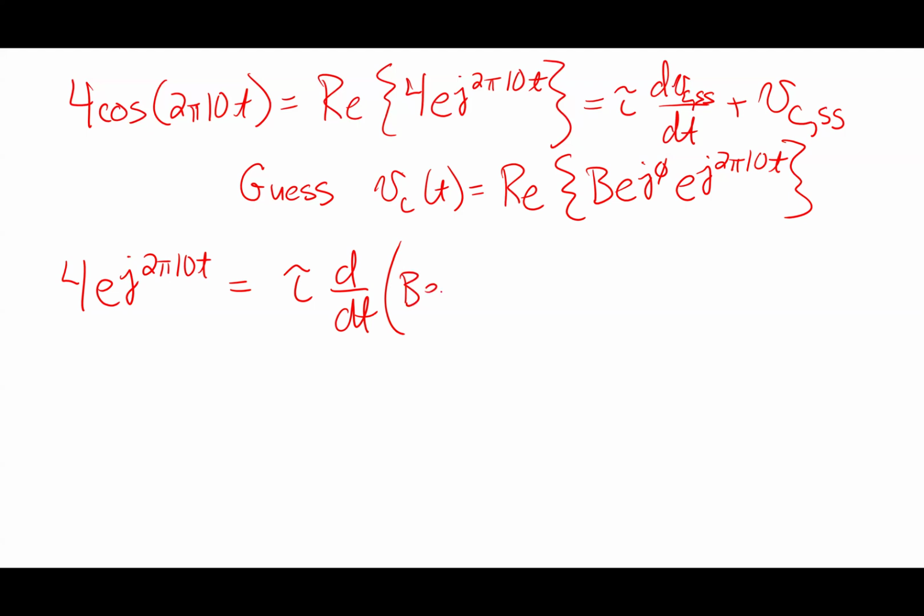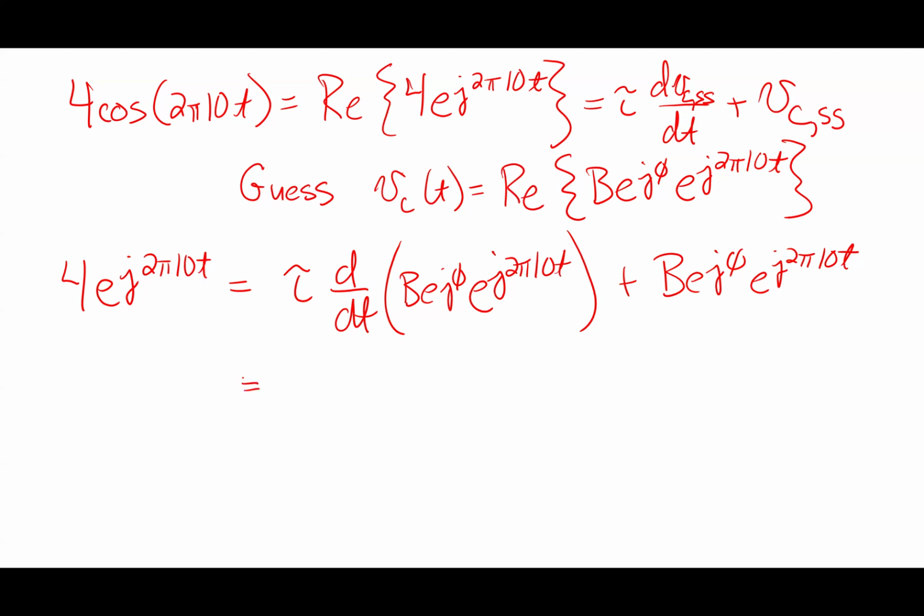So b e to the j phi e to the j 2 pi 10t plus my guess b e to the j phi times e to the j 2 pi 10t. All right, there we have it. So what happens next?